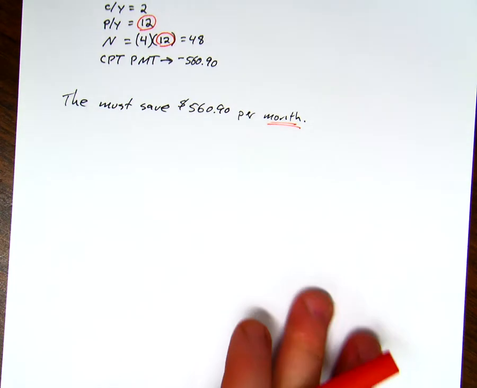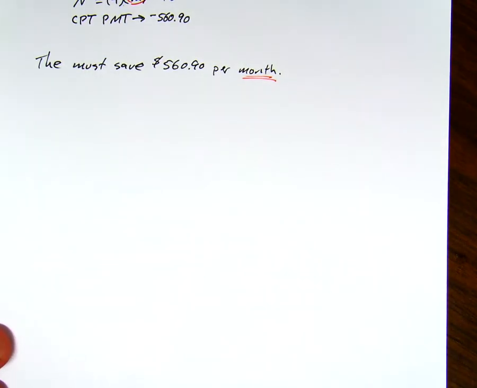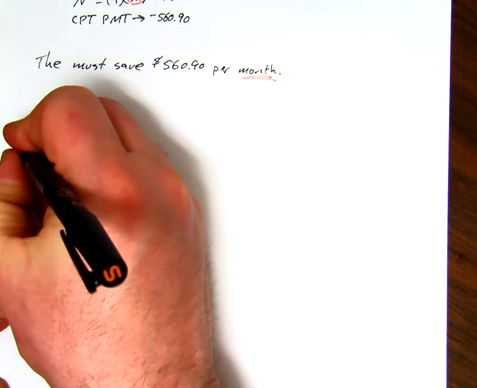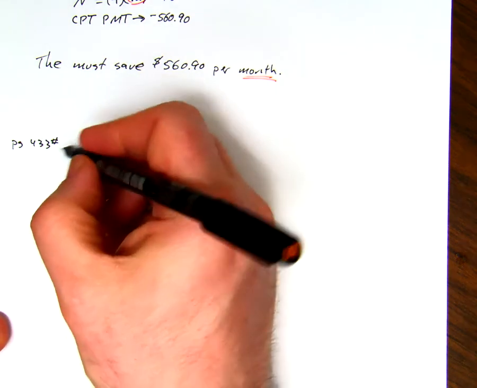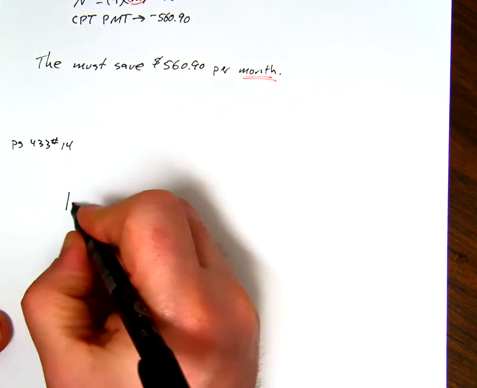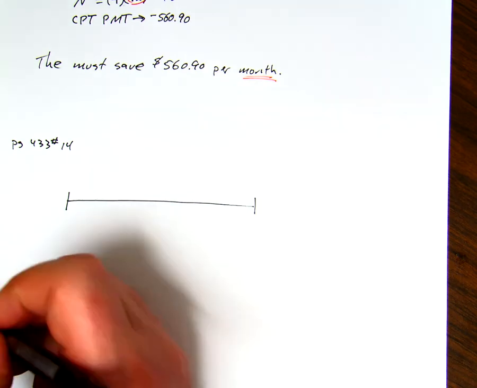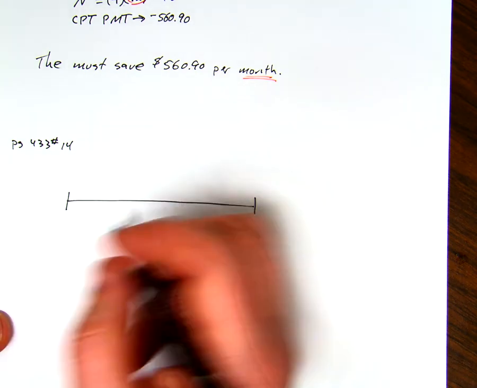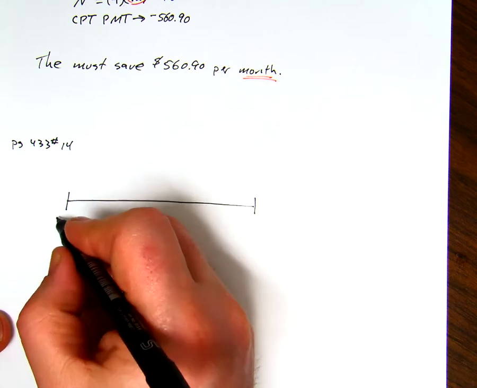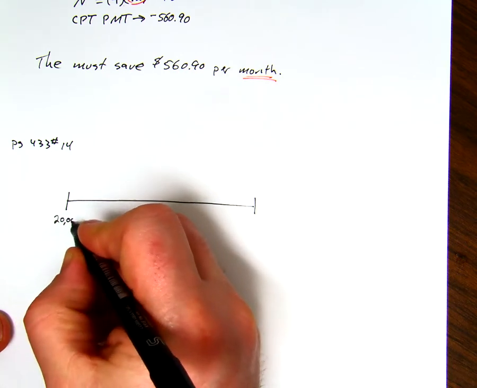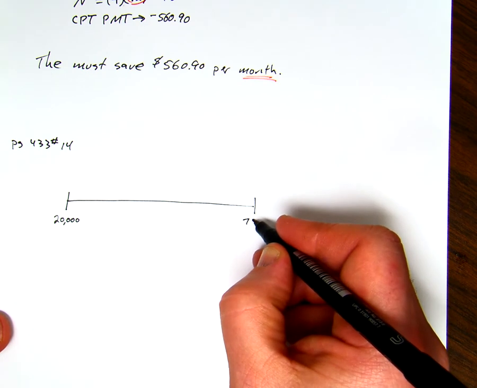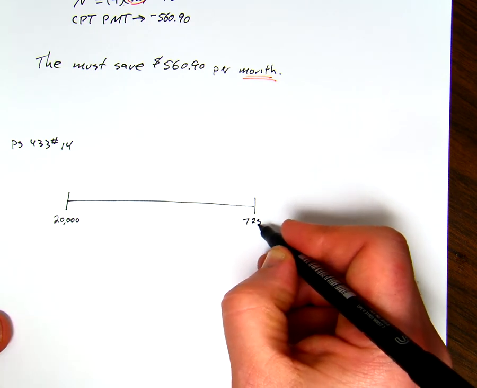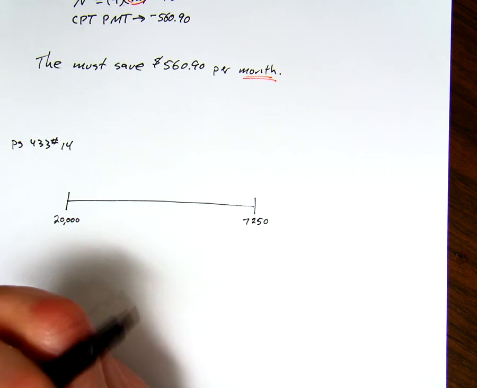So again, we're going to create our diagram. In this diagram, we start out at $20,000. We borrowed $20,000 here, and in the future it's going to be worth $7,250.